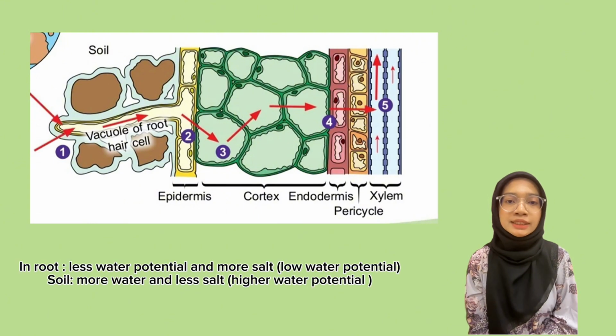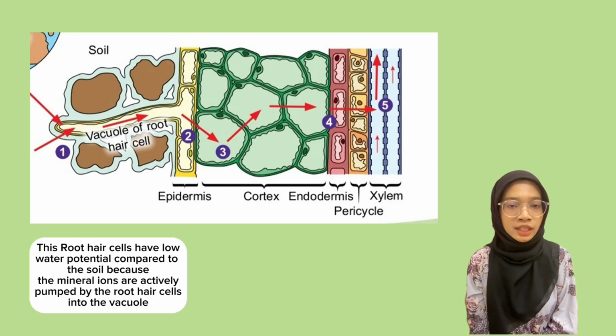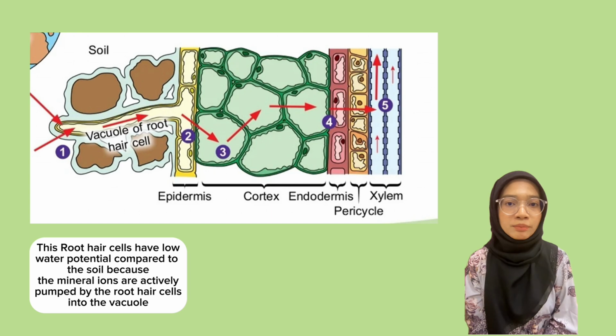So in the root, there is less water and more salts, while the soil has more water and fewer salts. These root hair cells have low water potential compared to the soil because the mineral ions are actively pumped by the root hair cells into the vacuole.